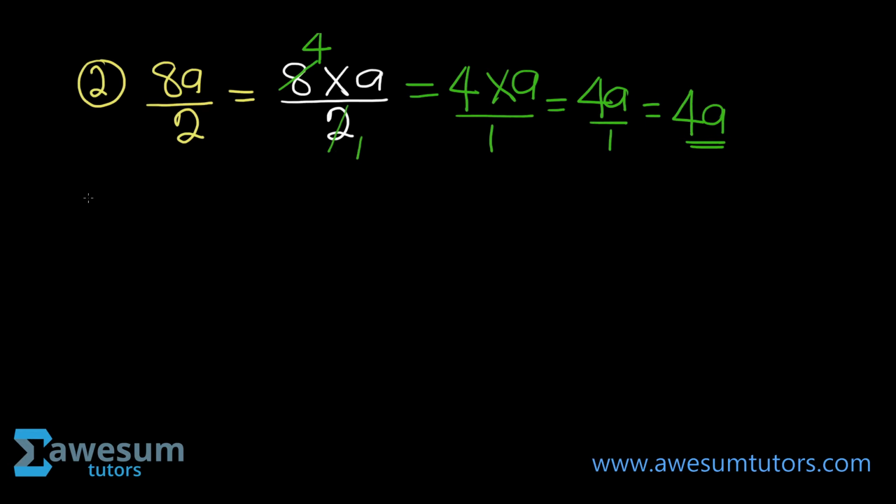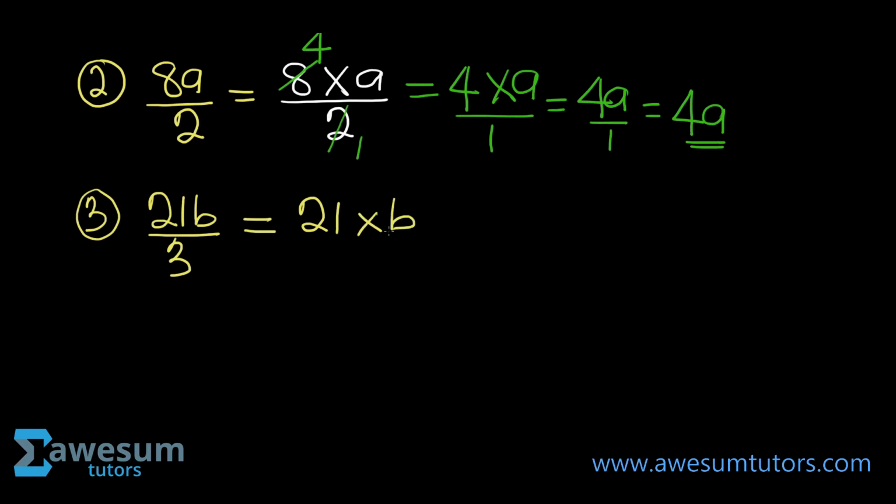Let us take a look at another example. 21b over 3. That's simplify 21b over 3, which is the same thing as 21b divided by 3. So this can be broken down into 21 times b over 3.